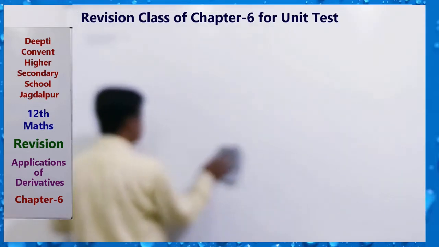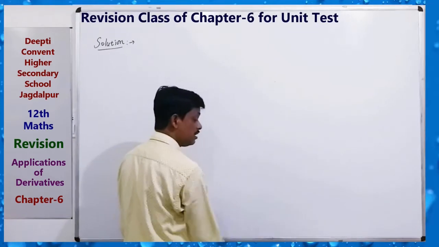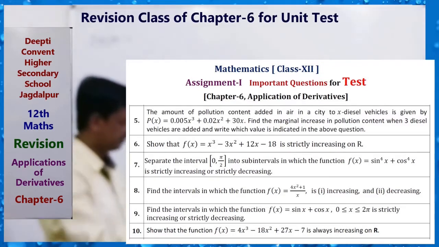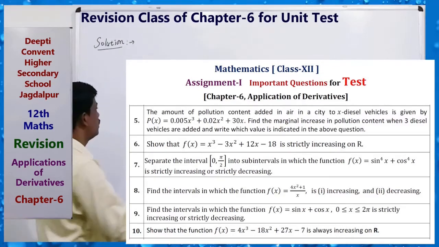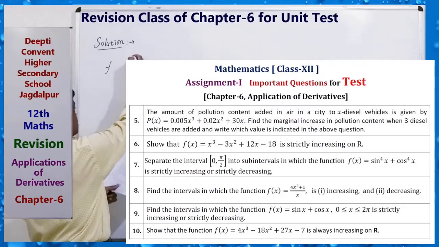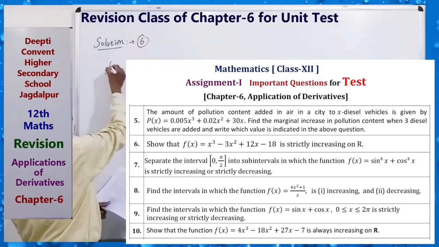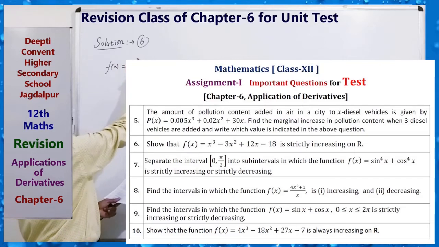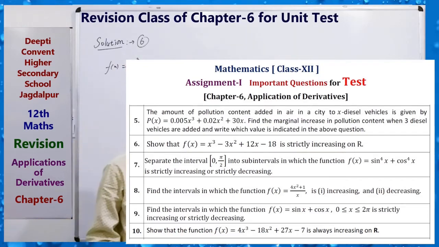Less than or equal means for non-strict. Strictly means strictly less than. So here the given function is x cube minus 3x square. Question 6, f(x) equals the given. I have to solve very shortly because this is a revision class.